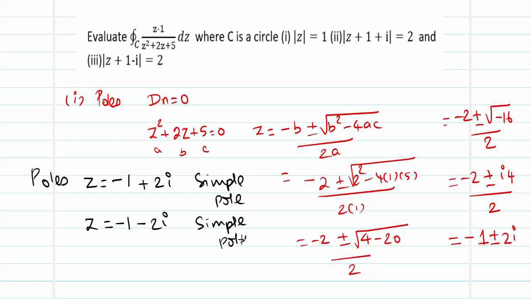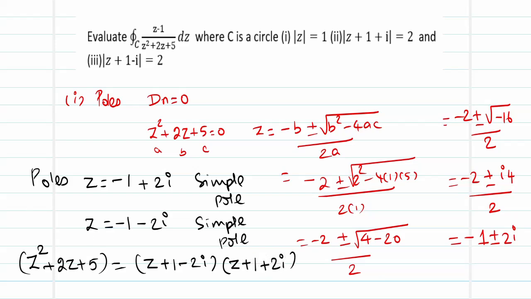So both my poles are simple in nature, and hence my denominator z square plus 2z plus 5 can be rewritten in terms of these poles as z minus the first factor, so it is minus of minus 1 plus 2i, into z minus the second factor, minus of minus 1 minus 2i.